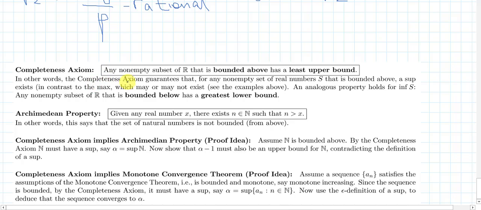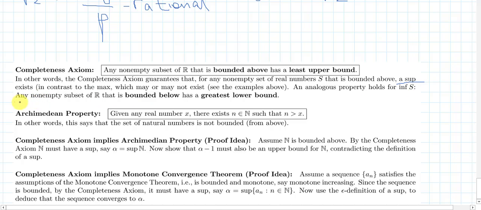In other words, the completeness axiom guarantees that for any non-empty set of real numbers S that is bounded above, a supremum exists, in contrast to maximum, which may or may not exist.